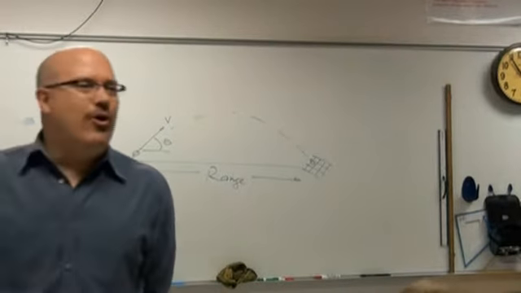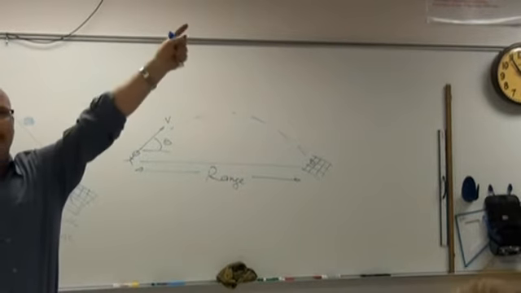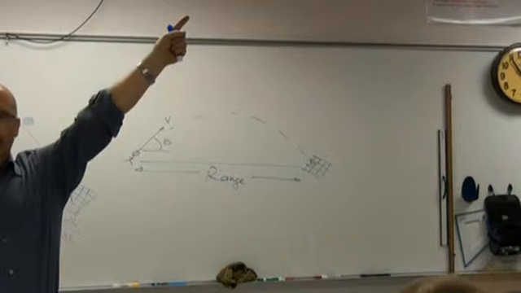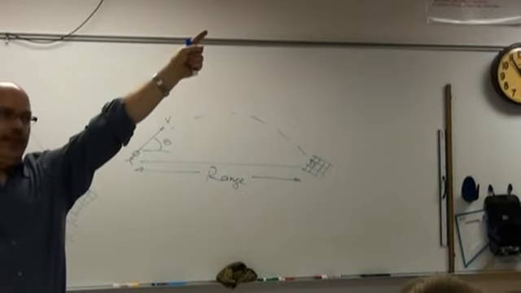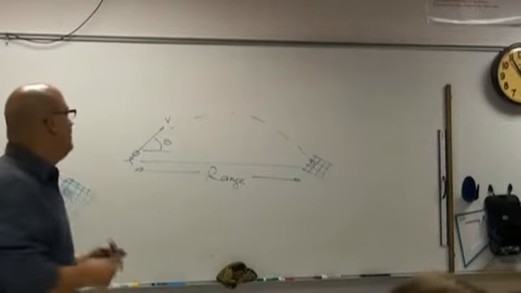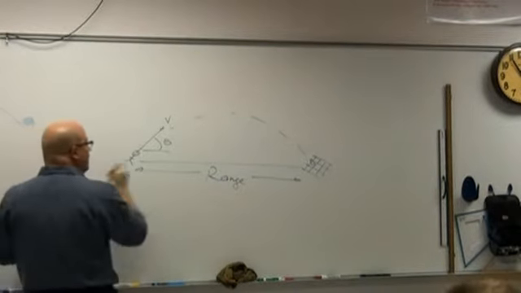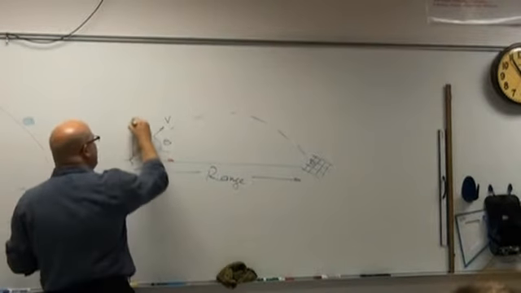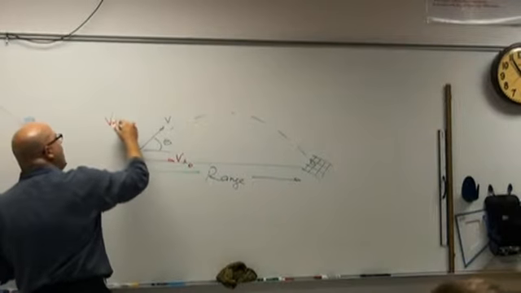The very first thing you always do, whether they ask you to do it or not, is to take the velocity and break it into its separate components. Absolutely, positively split it into two pieces, into the Vx and the Vy. That's correct. So you must split it into Vx initial and Vy initial.